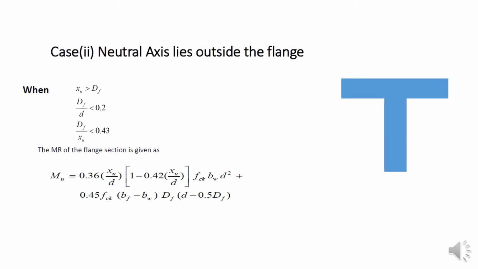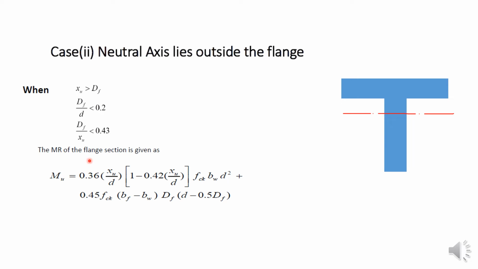Case 2, when the neutral axis lies outside the flange. These are the conditions: XU is greater than DF and DF by D is less than 0.2, that is DF by XU is less than 0.43. The moment of resistance is given on page number 96 of IS 456, G 2.2.